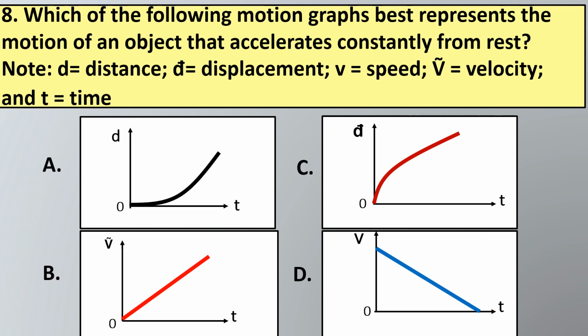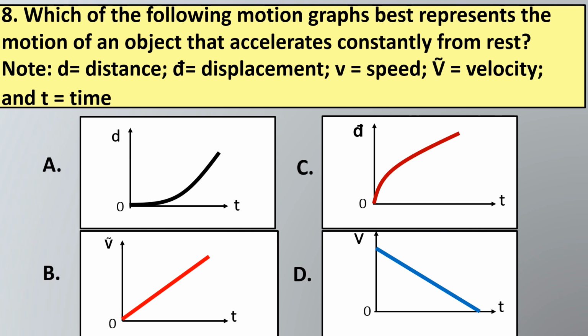So in letter A, or graph letter A, we have what we call a distance time graph. For letter B, this is a velocity time graph. For letter C, it's a displacement time graph. And for letter D, it's a speed time graph. Notice that the variable along the y here has no arrow. So this is speed versus time graph.